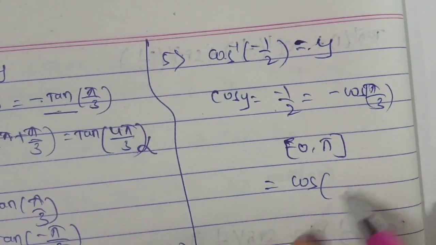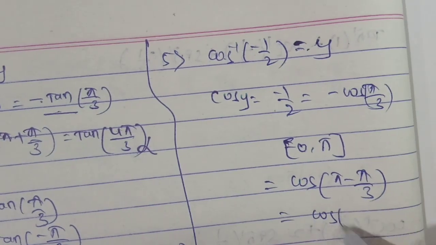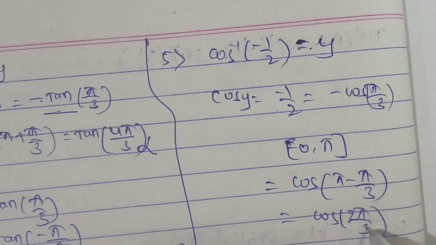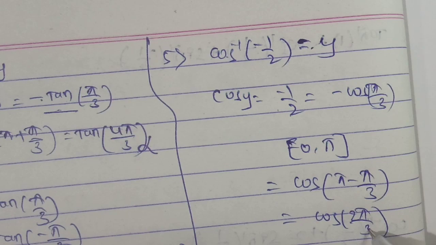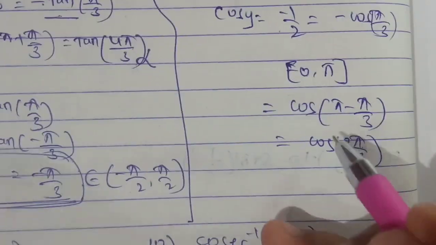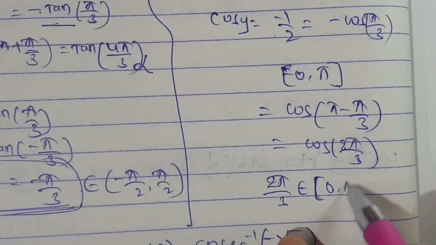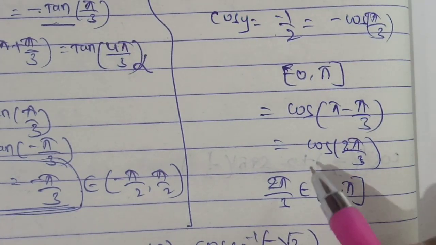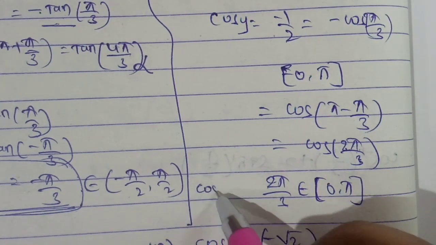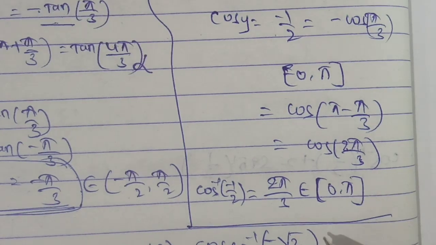That's why I am writing pi minus pi by 3, which is equal to cos 2 pi by 3. 2 pi by 3 is 60 into 2, that is 120 degrees. Obviously 2 pi by 3 belongs to the closed interval 0 comma pi. That's why the answer: cos inverse of minus 1 by 2 is equal to 2 pi by 3.